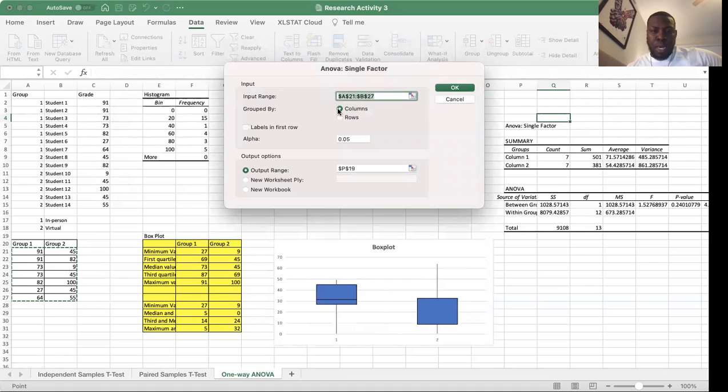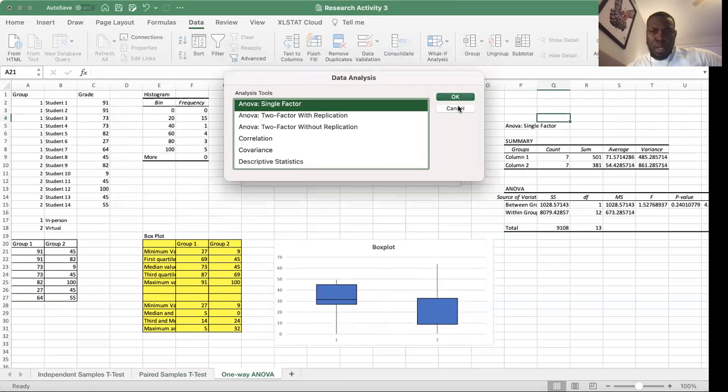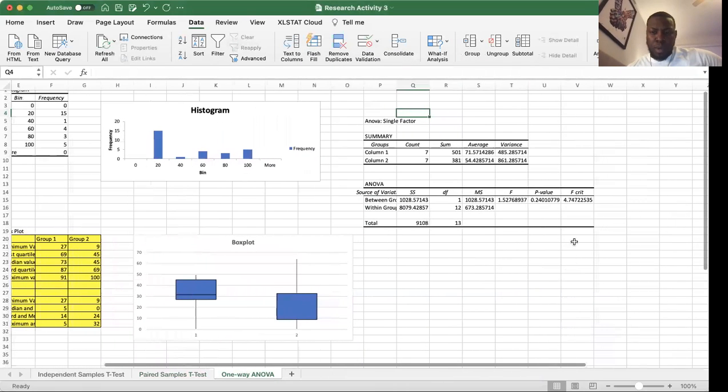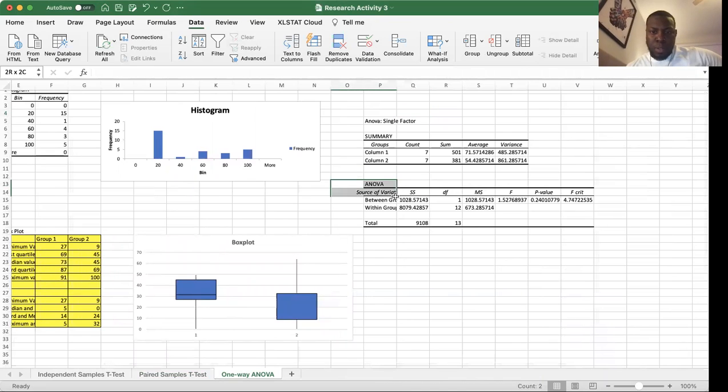I made sure it was grouped by columns. The alpha was still 0.05. Output range is just a place to put the information. Then it brings up this chart right here. Sorry, I should have made this a little bit better. Looking at the p-value, the p-value once again is greater than my alpha.